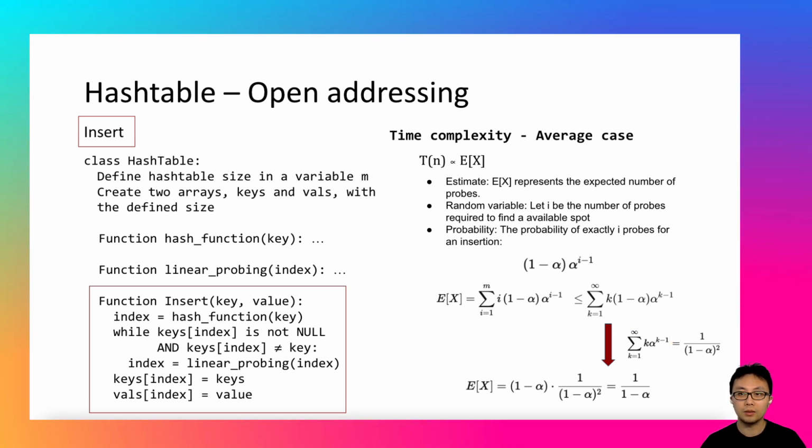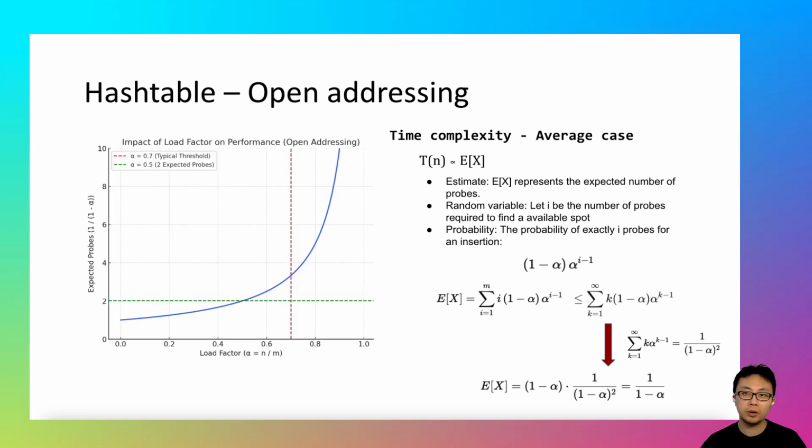Based on this, we can estimate the expected number of probings as a constant number, which computes as 1 divided by 1 minus alpha. It is worth noting that we see alpha as a constant number here when computing the expected number of probings, because alpha has nothing to do with the random variable I. However, based on what we learned from the load factor, we know that it changes dynamically as more elements are inserted into the hash table.